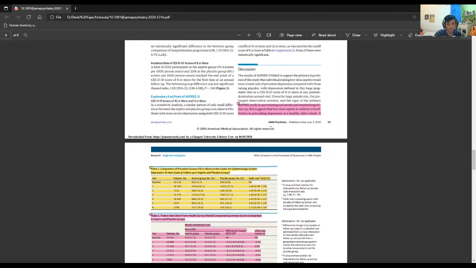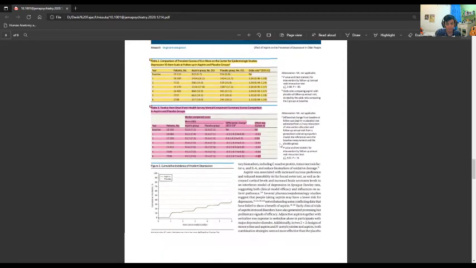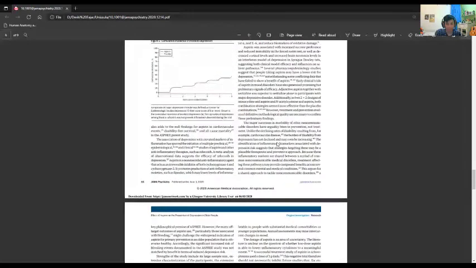Okay, and we may look for other sections, the other information section. We can see the registration.